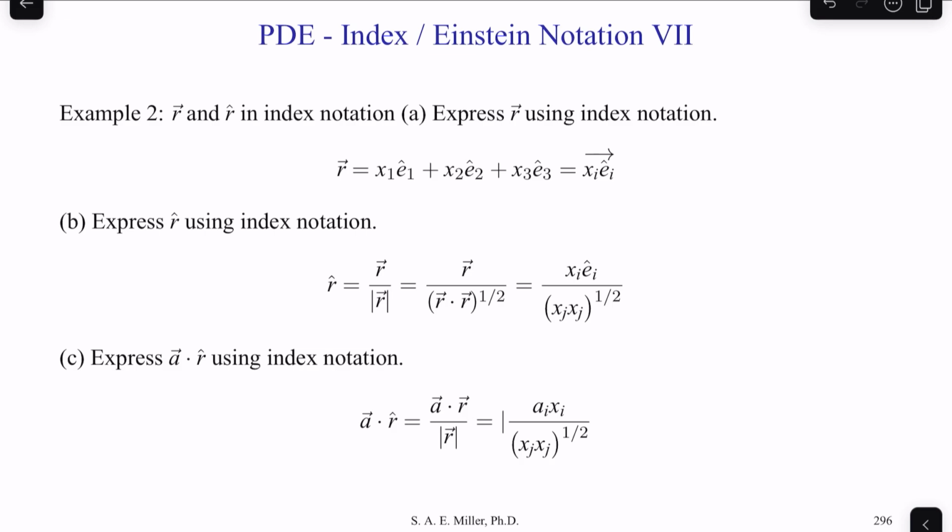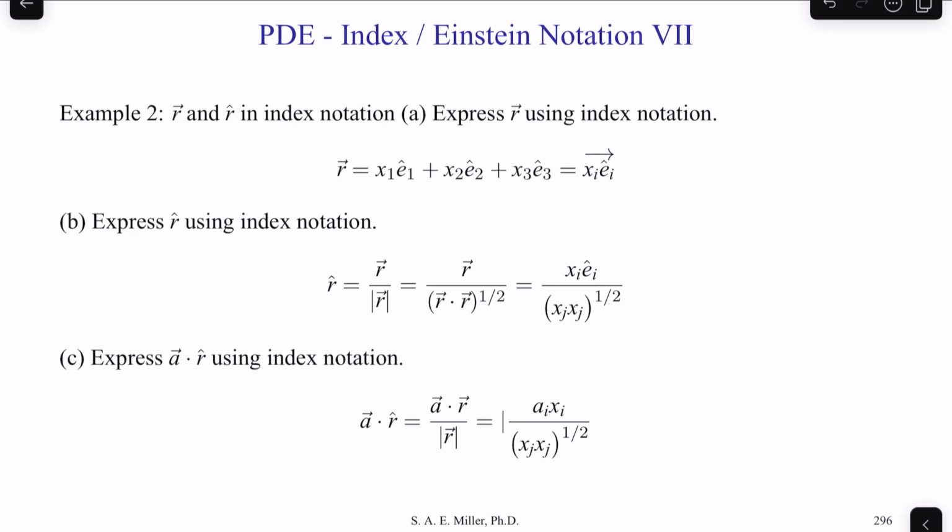Well, we've already written r hat as xi ei hat. We'll put that there, so that's still a vector. And its magnitude will be the dot product, which we derived earlier as xj xj. And I'm going to use a different dummy index than I did up here for i. So the half power remains. So remember that dot product is nothing but the 2 vector components with a dummy index.